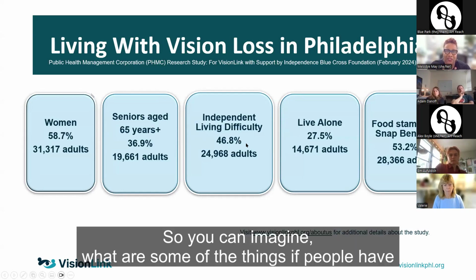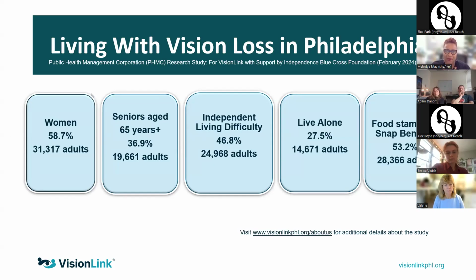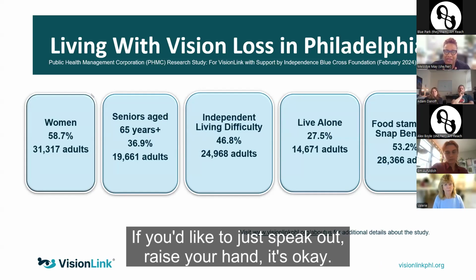So you can imagine, if people have trouble living independently, what are some of the things that they would be at risk for? And this is a part where I'll take several folks from the audience. If you'd like to just speak out, raise your hand, it's okay.